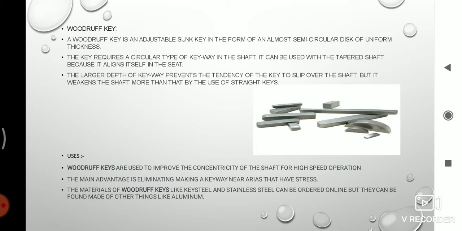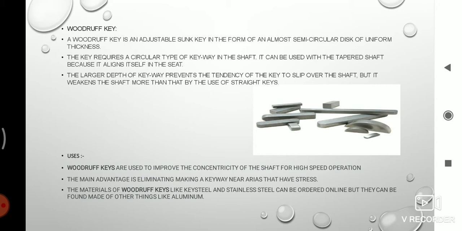The larger depth of keyway prevents the tendency of the key to slip over the shaft, but it weakens the shaft more than the use of straight keys.